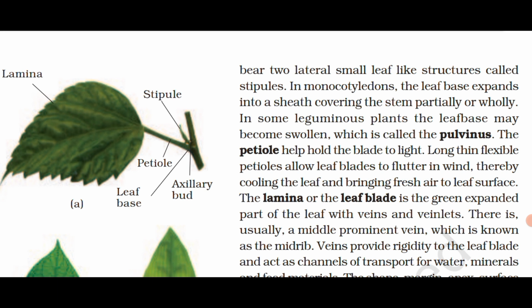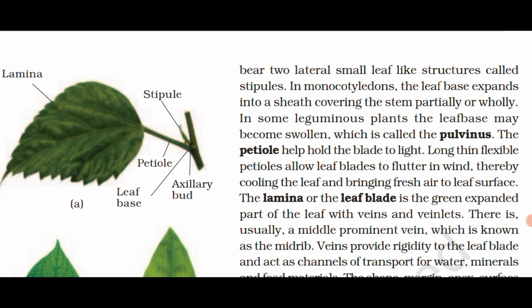In monocotyledons, the leaf base expands into a sheath covering the stem partially or wholly. In some leguminous plants, the leaf base may become swollen, which is called the pulvinus. The petiole helps hold the blade to light.